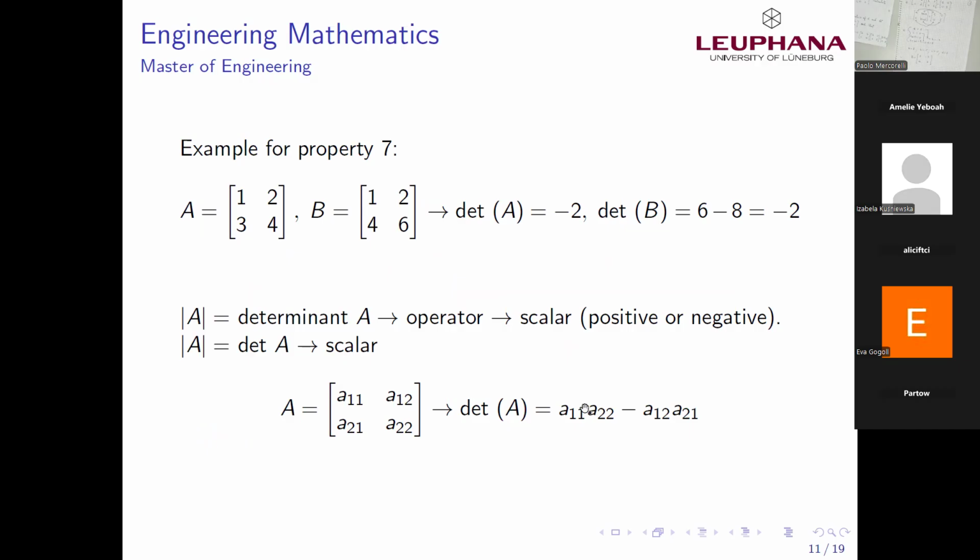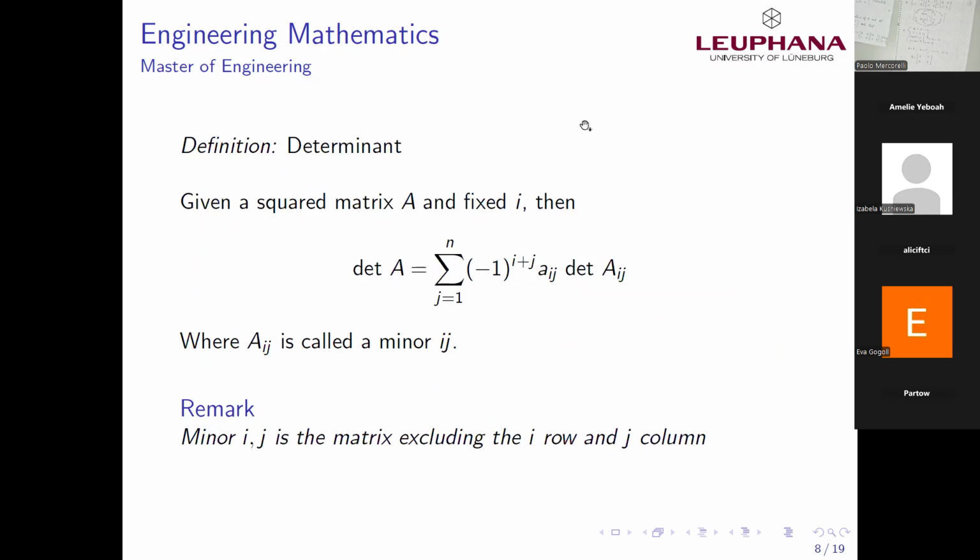I don't know if it's visible. Then I have to add what? Because in the sum, j equals 2, and i is always equal to 1. This means I have minus 1 up to 1 plus 2, which is minus 1 up to 3, which is minus 1, which multiplies, please pay attention now, a12, because 1 remains fixed.